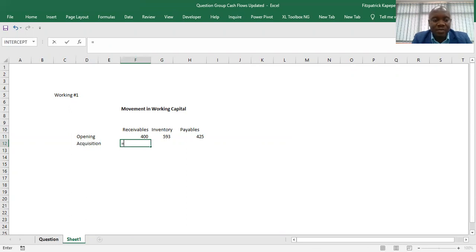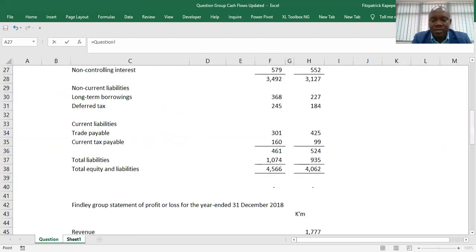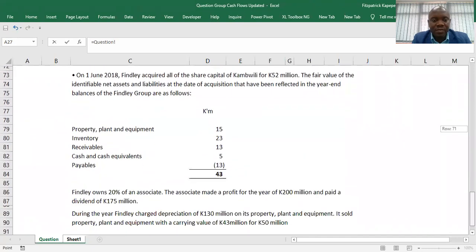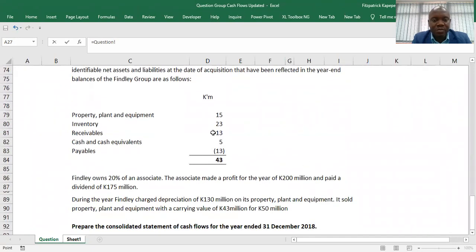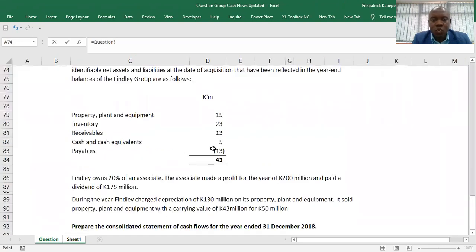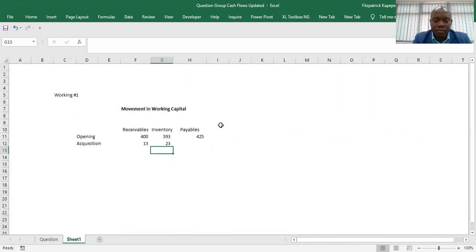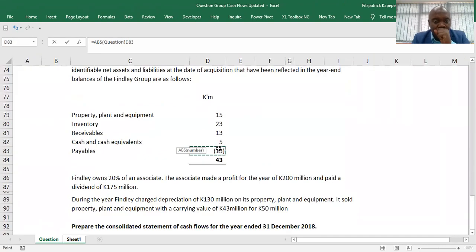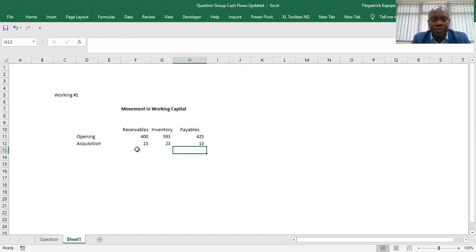So I guess we'll find what we need. Receivables of 13. Inventory of 32.